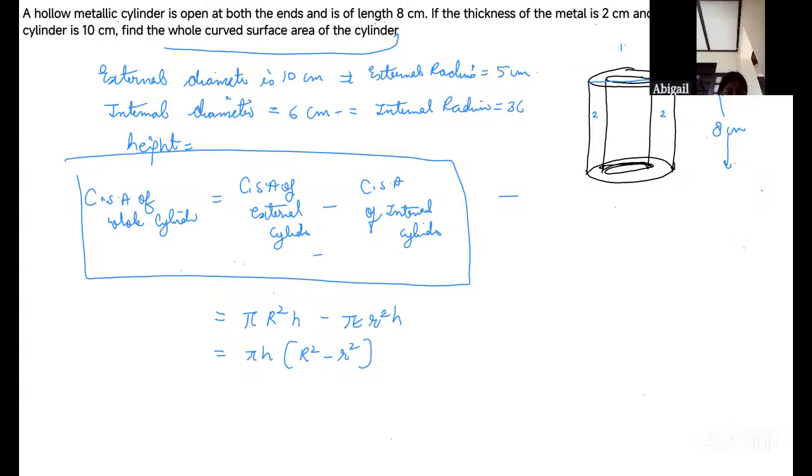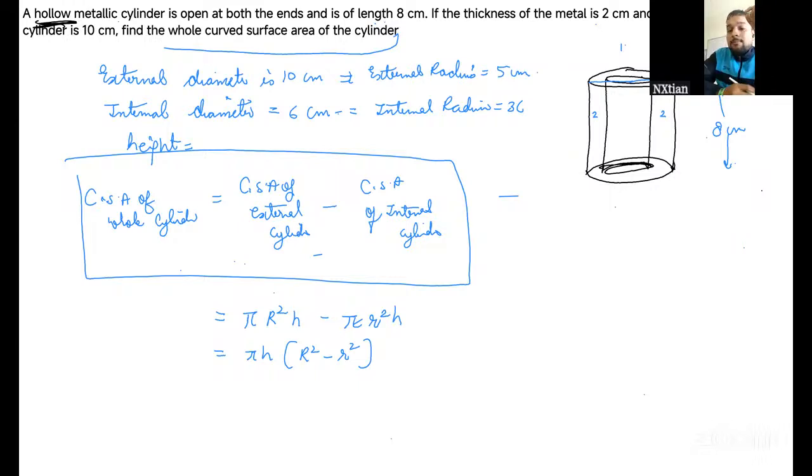I understand why it's coming like that, but I don't understand why we should take CSA of external cylinder minus CSA of internal cylinder. Because it is not a normal cylinder. It's a hollow cylinder. If I give you one example of hollow cylinder, do you know a pipe? Garden pipe. Yeah. If it is very thick, how will you find the surface area?